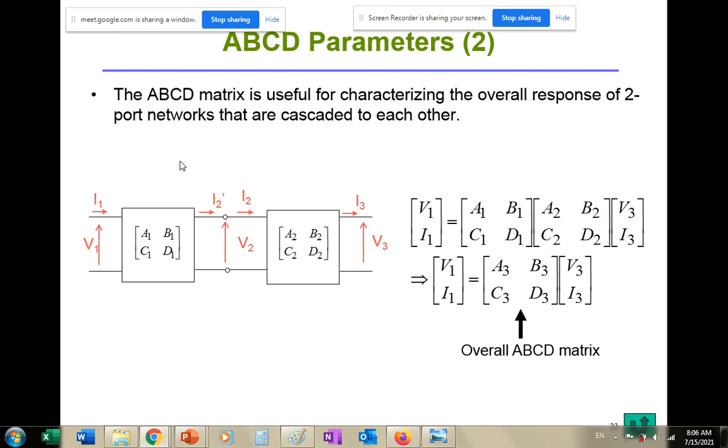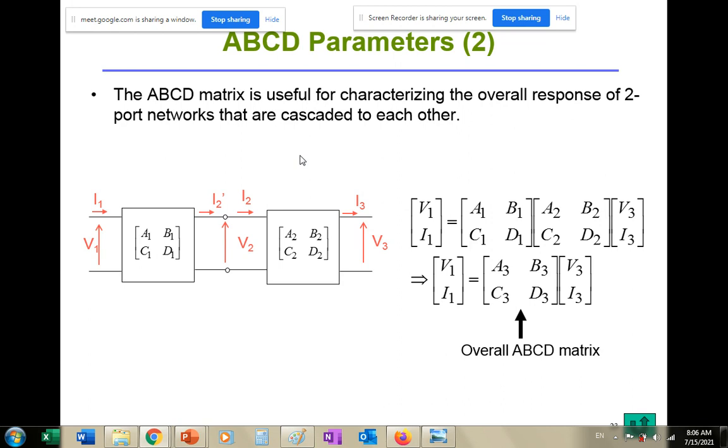Although during the characterization you short or open circuit the port, when you actually use the device, it doesn't matter whether you connect a 50 ohm or a short or other impedance. You can always find the value of voltage and current.